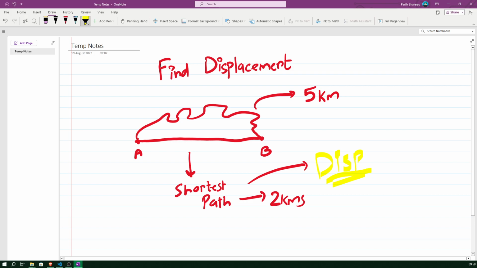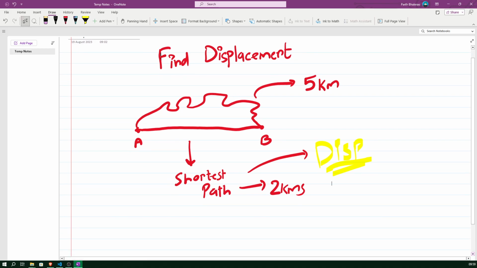This is displacement. I think these basics are quite clear.